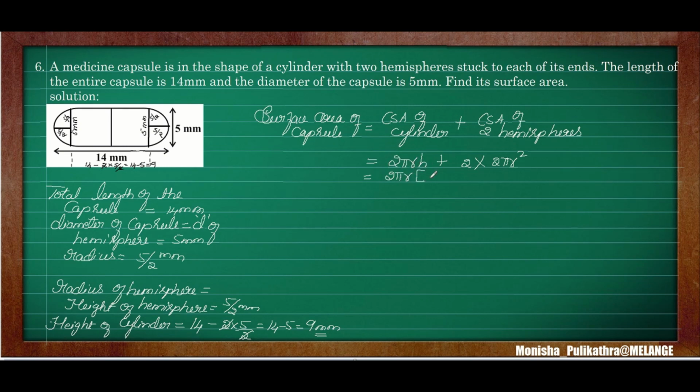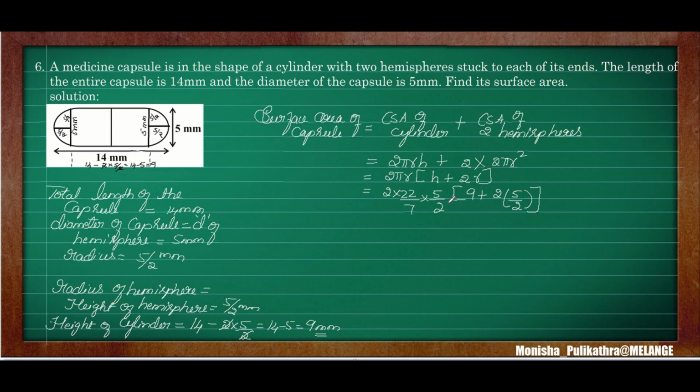If we take 2 pi R common, the remaining will be H, the height of the cylinder, plus 2 into R. So 2 into 22 by 7 into R, the radius, is 5 by 2, into H, which is 9, plus 2 into R, which is 5 by 2.